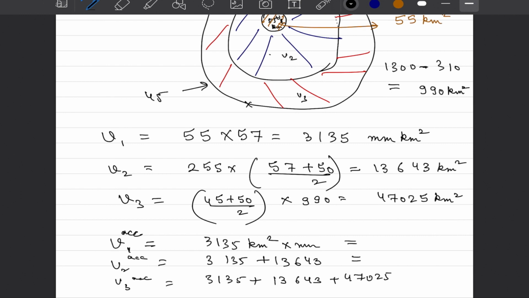When we add them up, the values that we get are 3135 itself, then 16778, and the third one would be 63803, all in units of volume, which is kilometer square into mm.